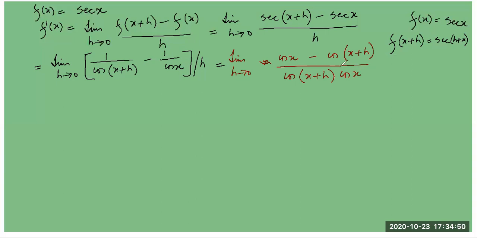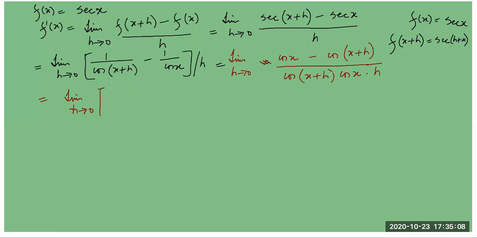Am I right? But yes, there is h also. I was forgetting. Into h also is there. Okay. So this is equal to limit h approaches 0.